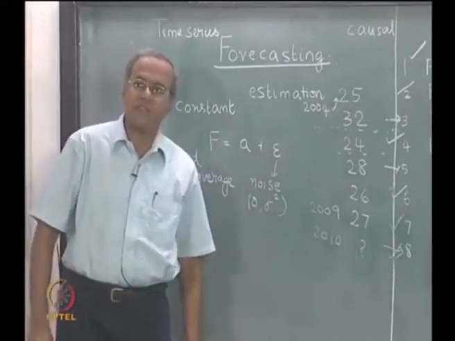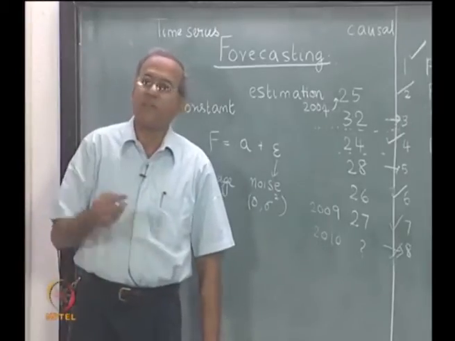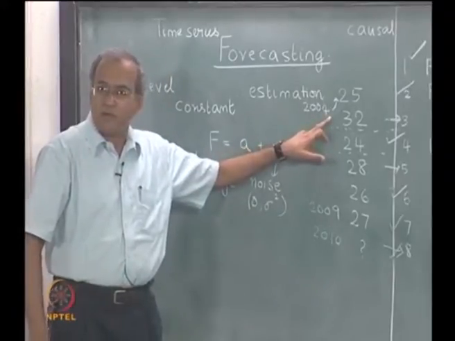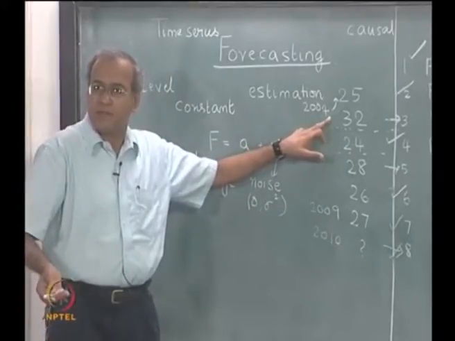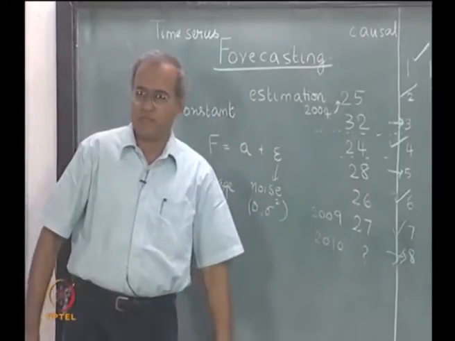So, in such cases it is also customary to remove certain pieces of data after the analyst is fully convinced that this may not actually contribute or it might take away. So, in such cases you remove a piece of data and then you find the average.